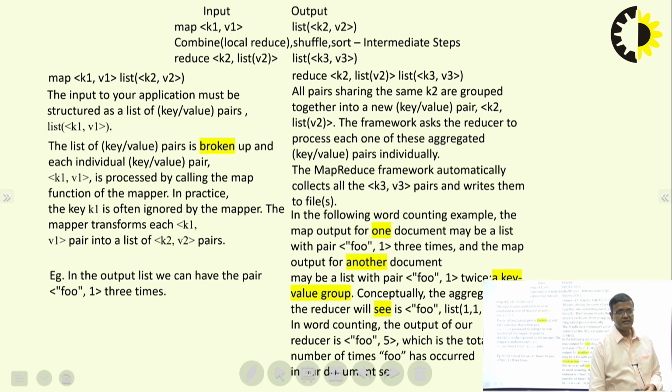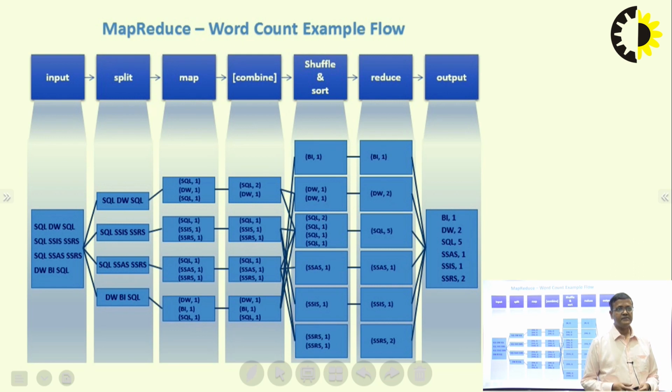If we see the MapReduce word counting example flow, we can see the map column, which is the map function output. After the map function output, the combine, shuffle and sort are the intermediate steps which follow, and the resultant output is fed into the reducer.